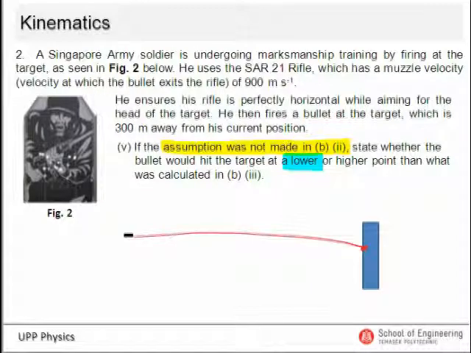Now, with air resistance, the bullet travels slower than before. So it will not move so fast, and it will slant further downwards, as shown. Hence, the vertical distance covered is much greater than before. I hope with this question, you have an enhanced understanding of kinematics. Thank you.